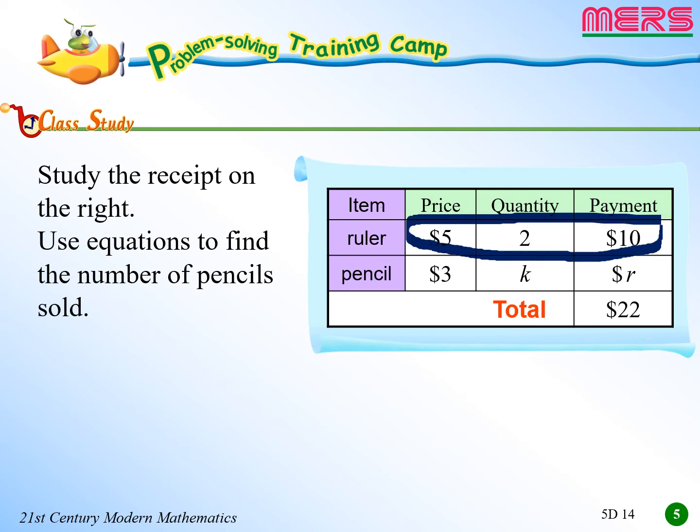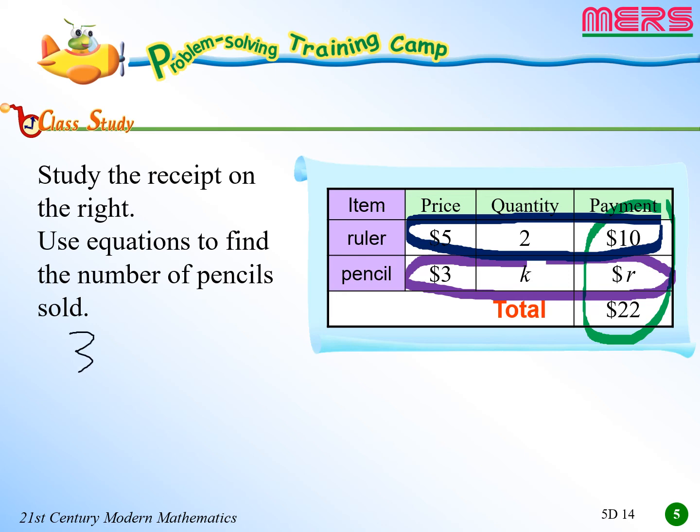Another relation, you can see 3 times K equals R. And we have one more relation, that is 10 plus R equals 22. So which one should we find first?